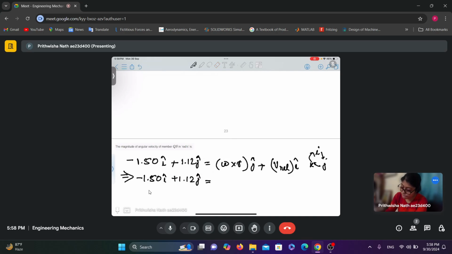So minus 1.50 I cap plus 1.12 j cap equal to 1.25 omega j plus vrel, we need to find out.